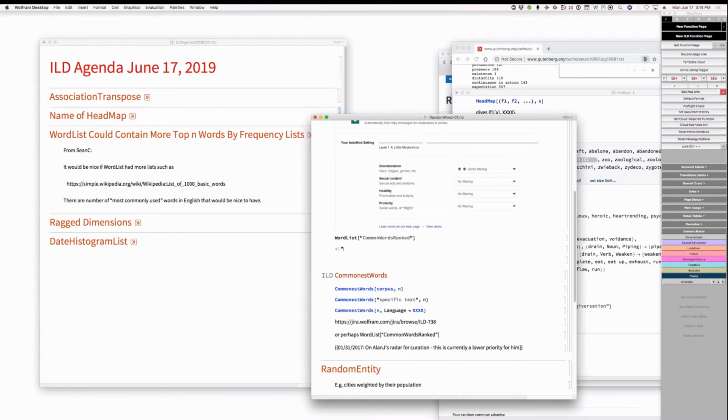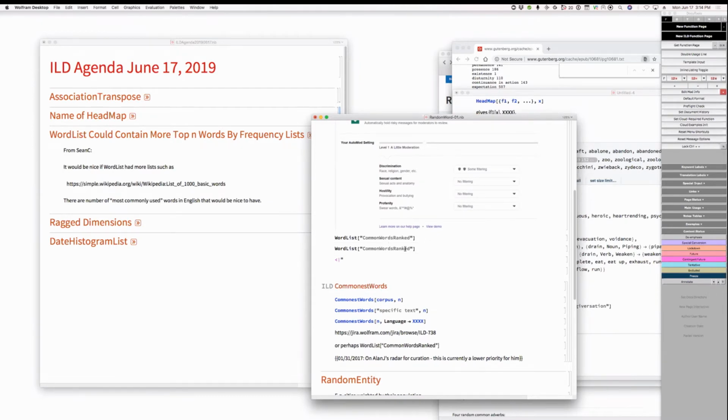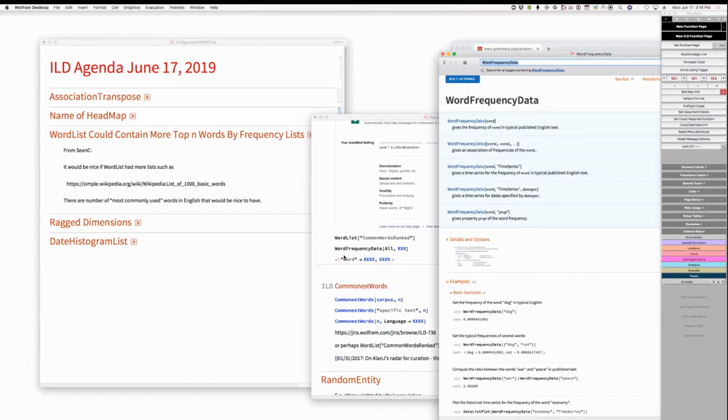Because if it returns basically something that looks like the output of word frequency data, with just word goes to whatever the frequency measurement is, well, a better way to do this would be, okay, so this is one thing, common words ranked, but then what we could do is word frequency data of all could generate that association, or of automatic or something could generate that association.